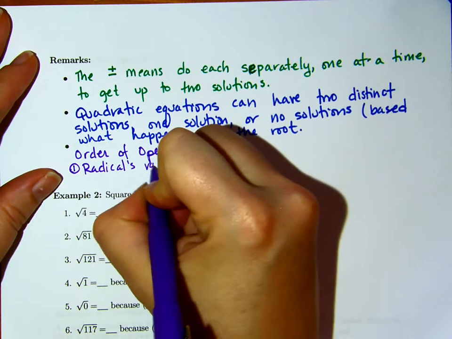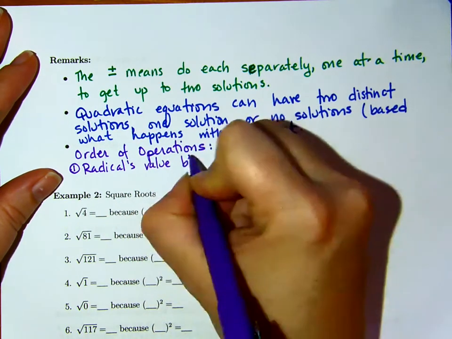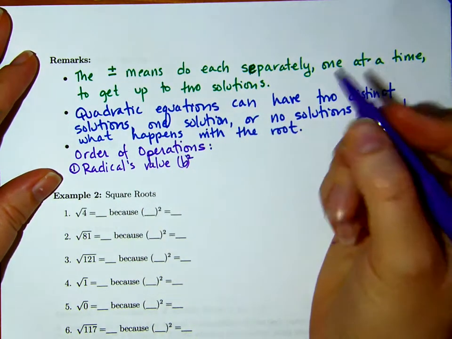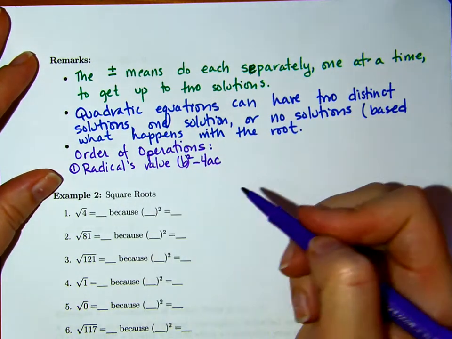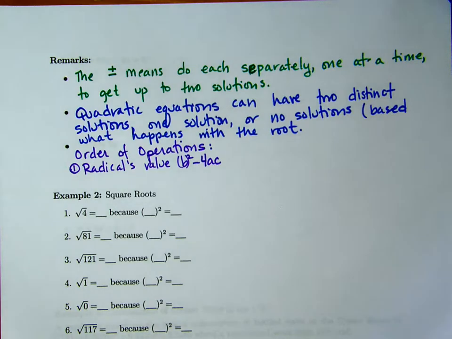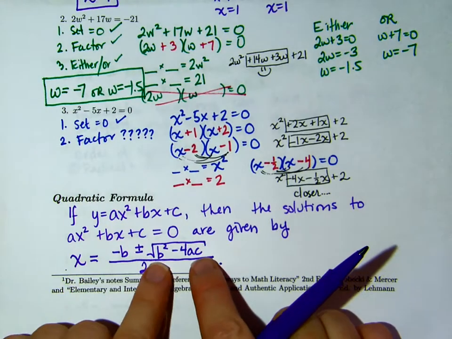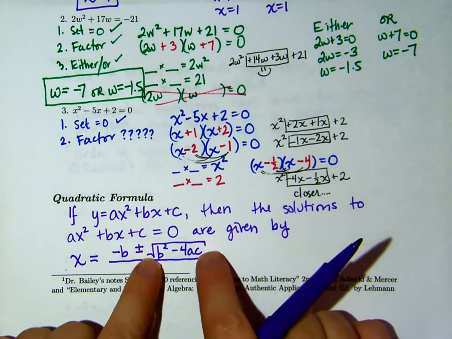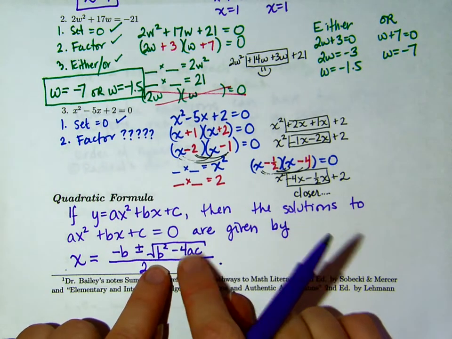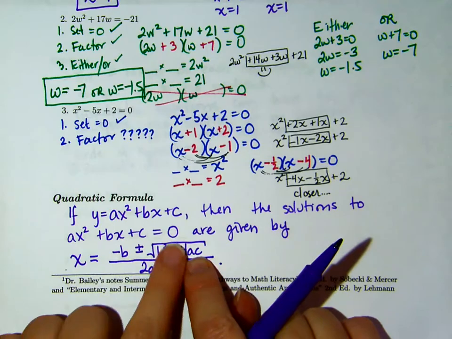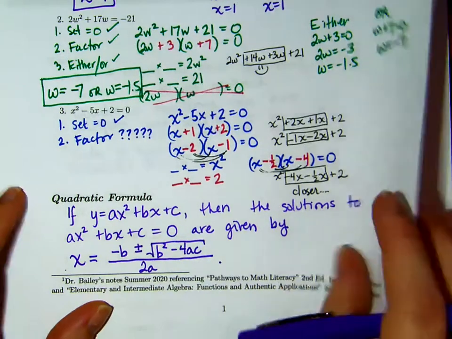Radical's value of (b) squared, putting parentheses around that b, minus 4ac. So that's the first thing you do, because even though they aren't explicitly put in there, implicitly there are parentheses put around this radicand. So that's the first step in the order of operations.